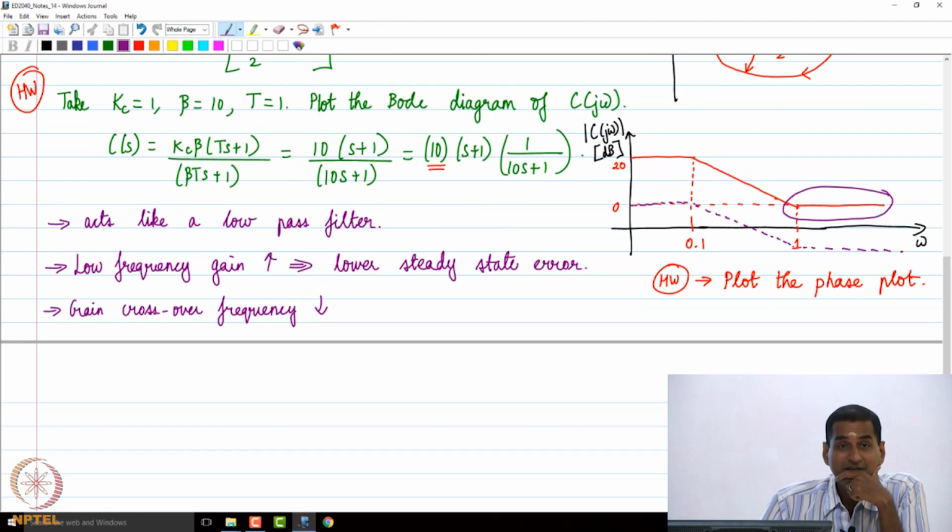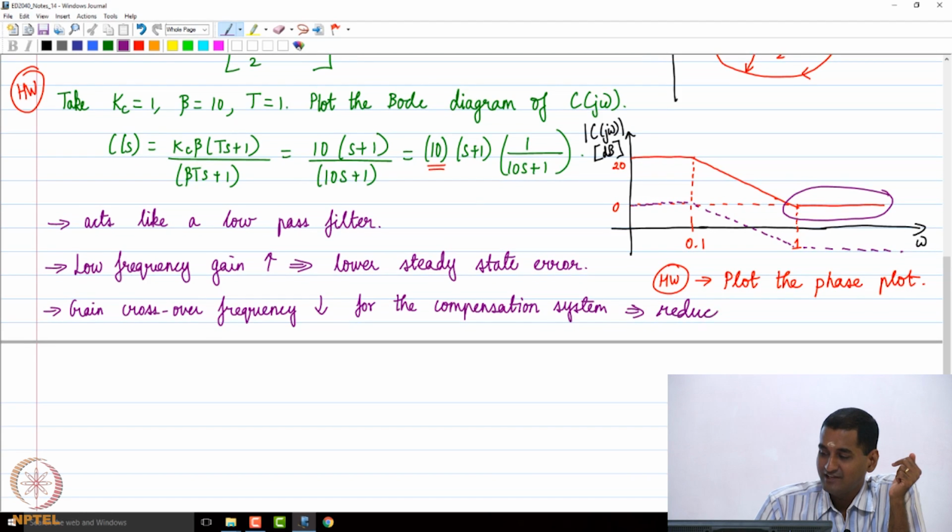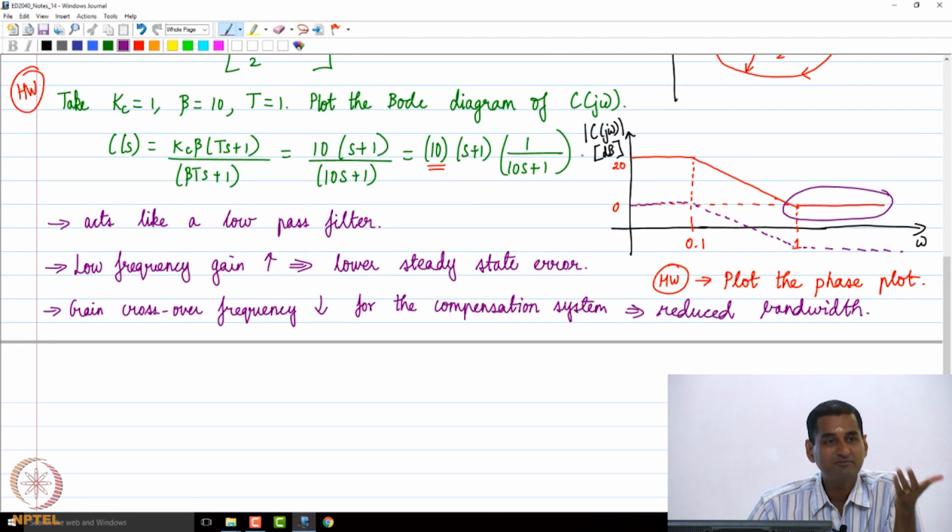So, what will that mean? This will mean a reduced bandwidth, right. So, of course, reduced phase margin, but for us mainly what we are concerned about is reduced bandwidth also.